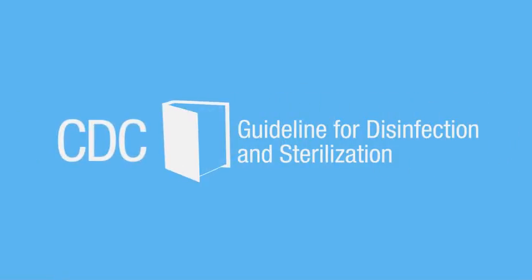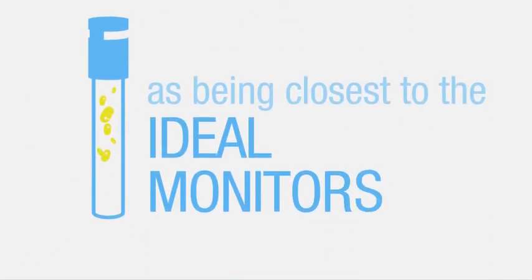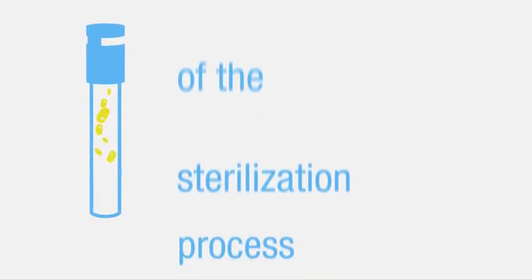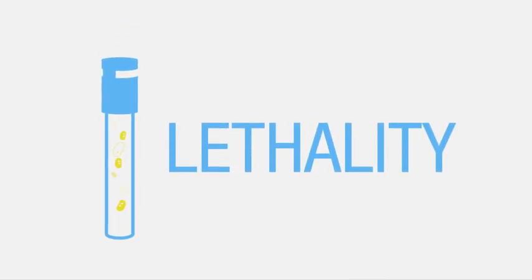As explained in the CDC guideline for disinfection and sterilization in healthcare facilities, biological indicators are recognized by most authorities as being closest to the ideal monitors of the sterilization process, and BIs are the only process indicators that directly monitor the lethality of a given sterilization process.